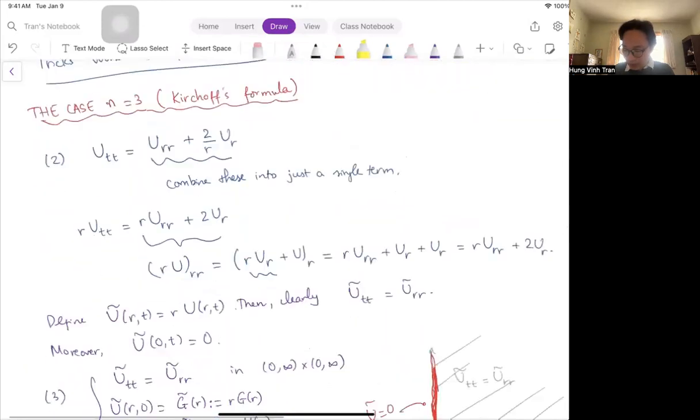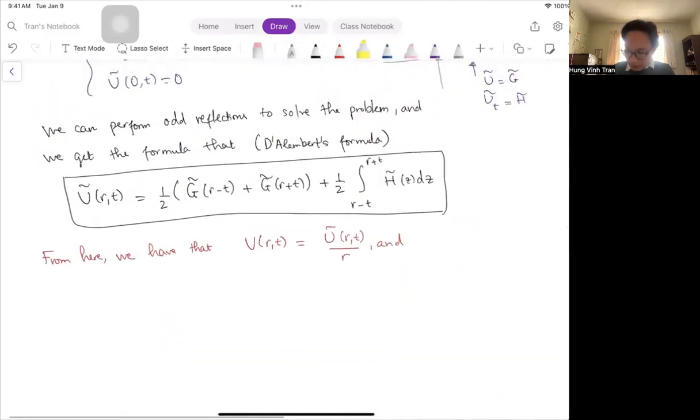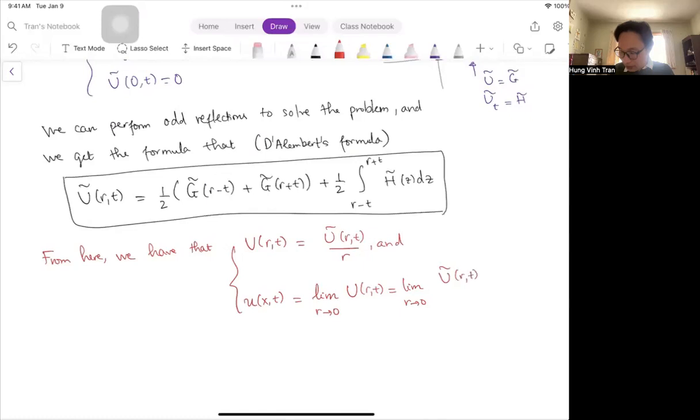So little u at x,t is nothing but the limit as r goes to 0 of u of r,t, which is the limit as r goes to 0 of u tilde of r,t over r. So I can use the above formula and this relation to get back the formula of little u.